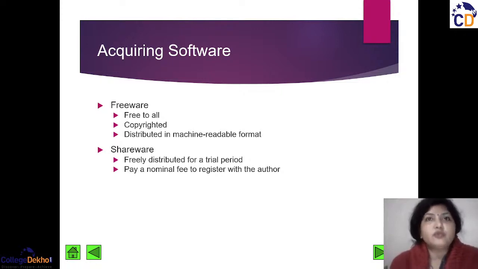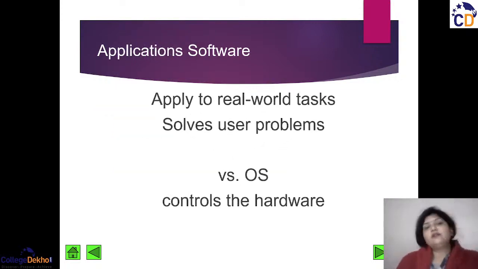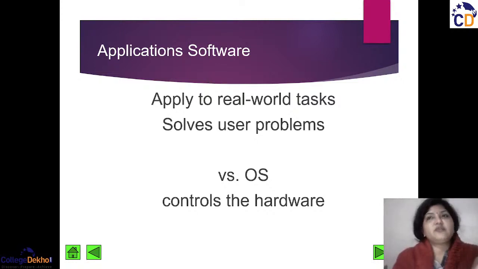So let us move to what are the different types of software we have and how to use them. Everybody is using application software and system software, but nobody knows which is application based and which is system based. So let us start with that. Application based software are those which solve user problems.